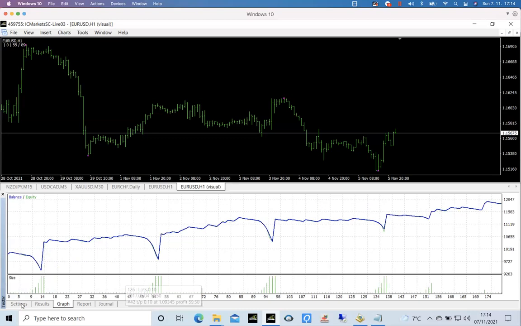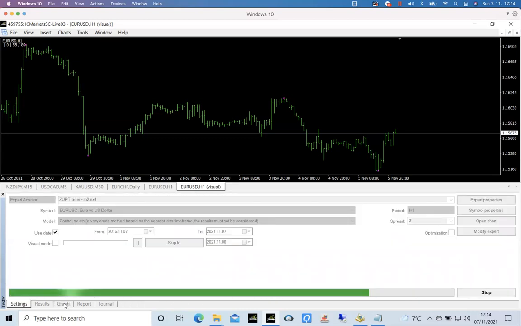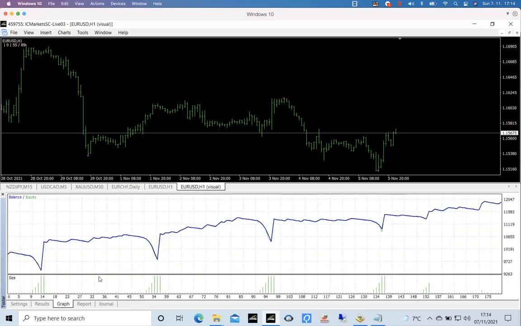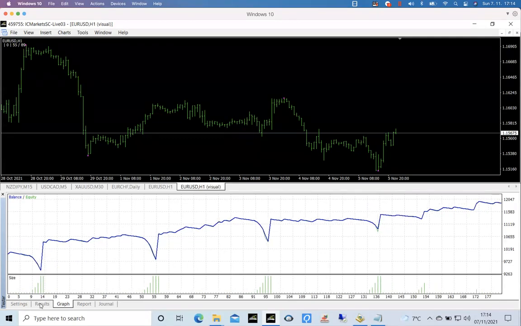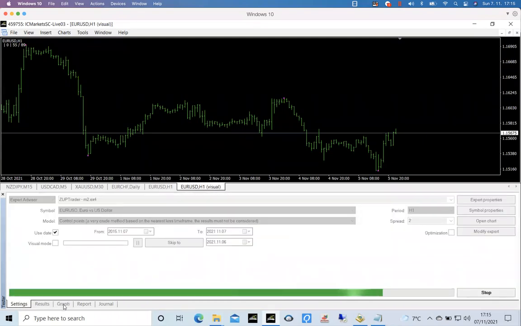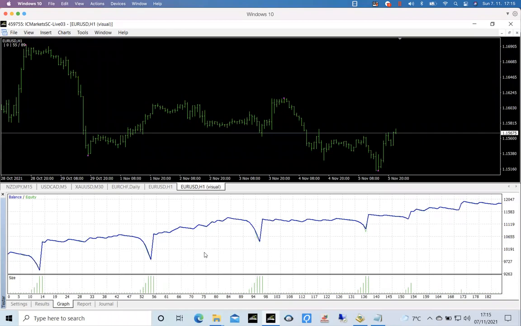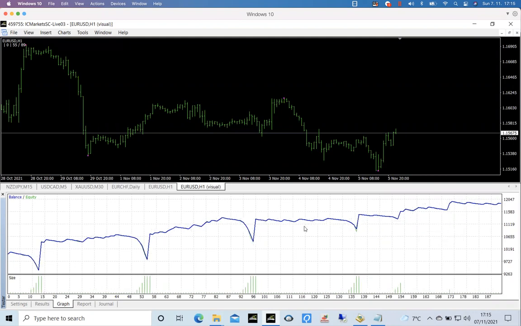I think it will just finish in a second. Now it will give us the result after we finish here. We will know the maximum drawdown, and then we can decide on the system. Something I will tell you: even for these drawdowns, there's a piece of software which will tell us the best times not to trade.